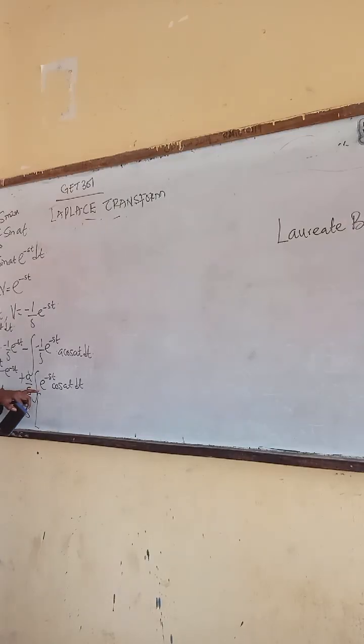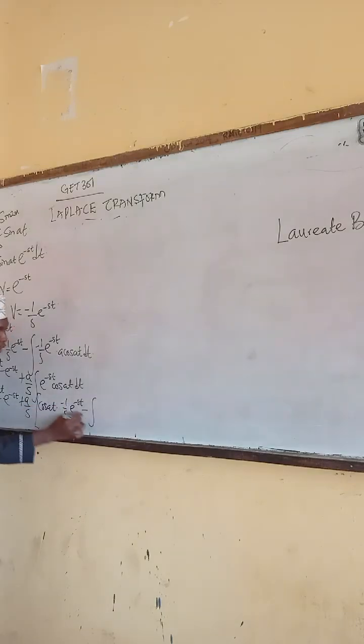Our u is cos at. So you write it cos at. Dot, v is what? This. You integrate this, right? To be minus 1 over s exponential minus st. I'm still using integration by parts. Then minus integral of v du.